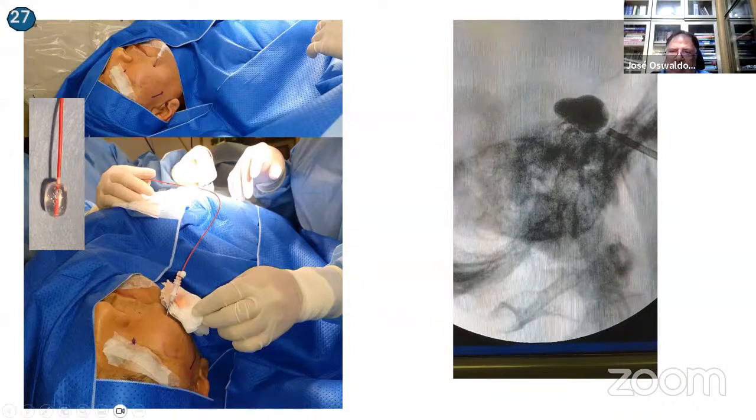We see a short video with one microcompression of the trigeminal.